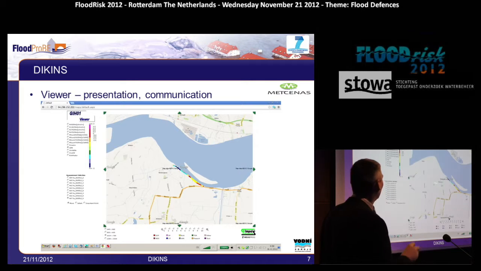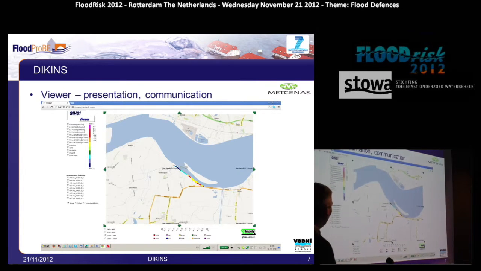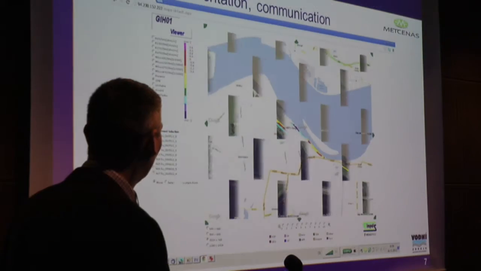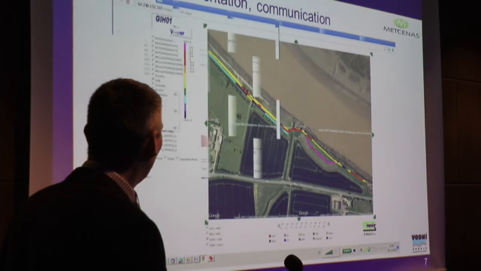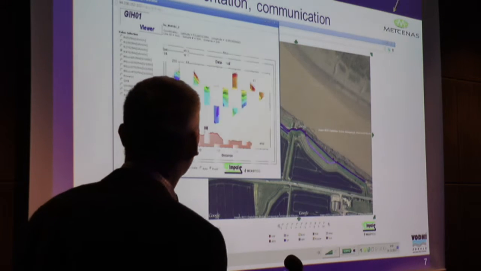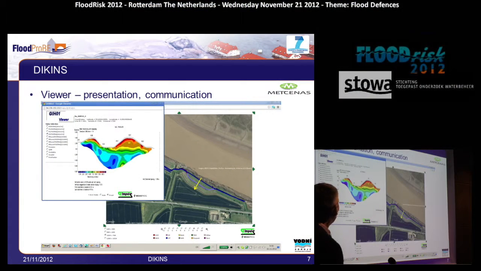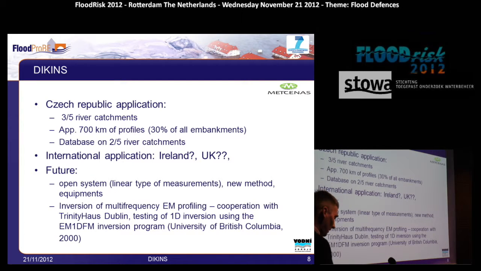For example, this one shows quasi-homogeneous blocks of this part of the embankment. This is something more in detail. You can study in detail also the graphs of measured parameters and also diagnostic or detailed measurement. This is, for example, a resistivity cross-section through the embankment. It is also possible to connect photo documentation and reports, etc.